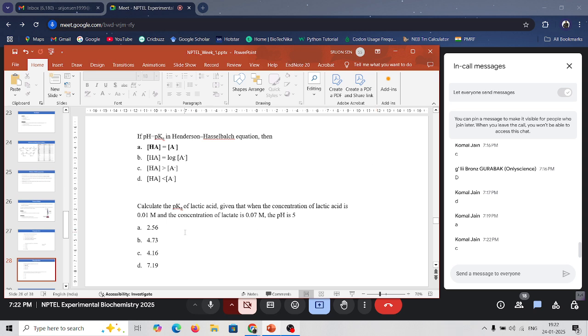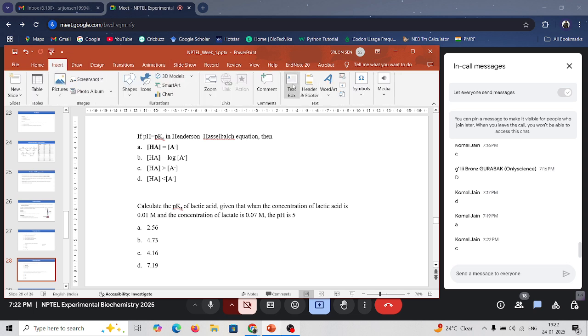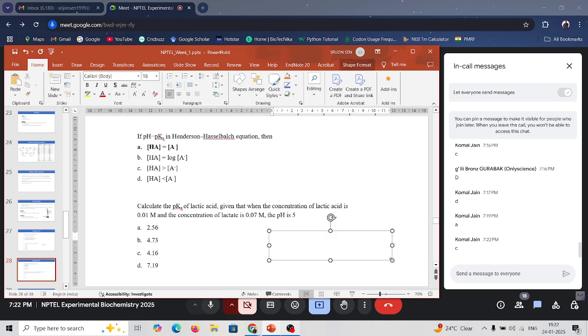So what we have is pH equals pKa plus log of conjugate base by acid.